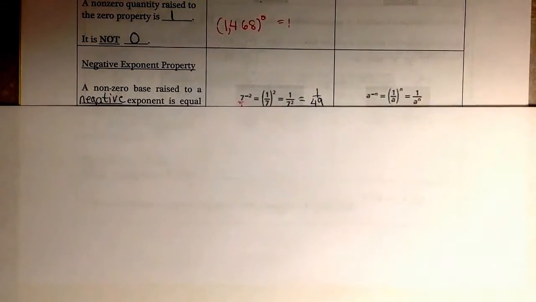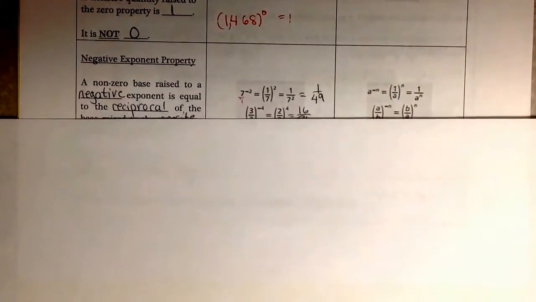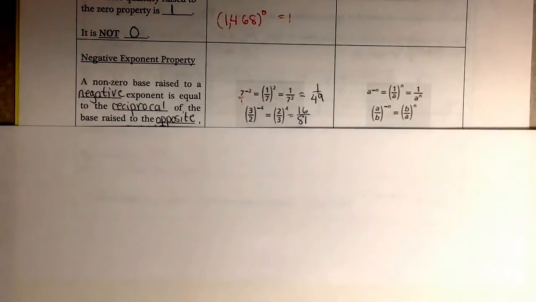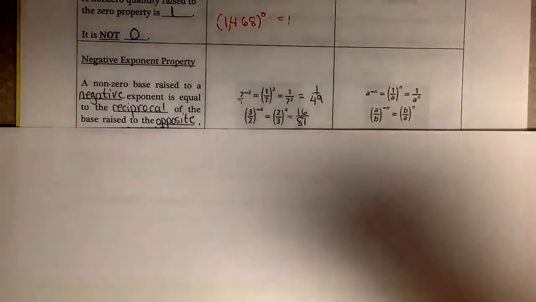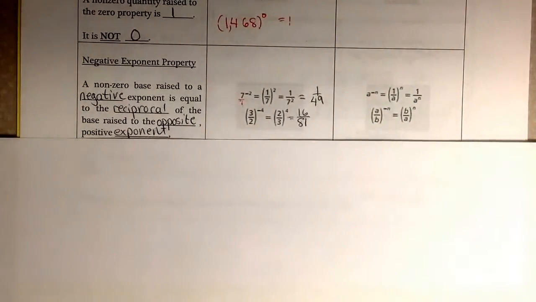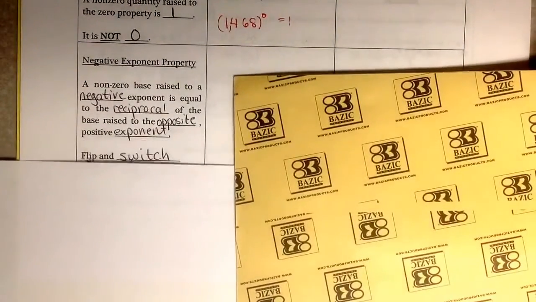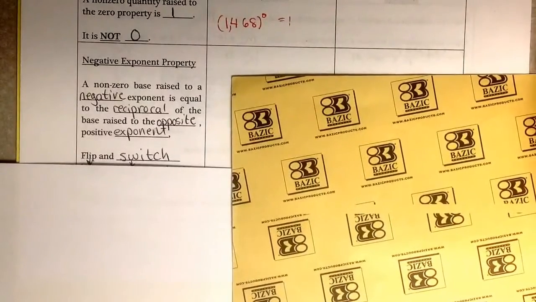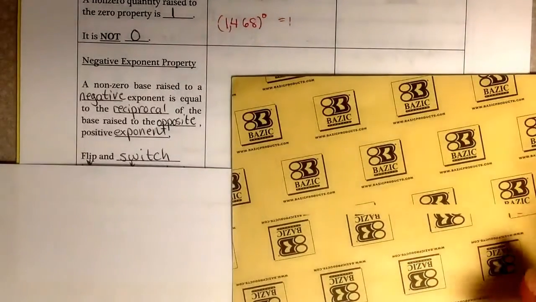Negative exponent property. A non-zero base raised to a negative exponent is equal to the reciprocal of the base raised to the opposite positive exponent. Okay, so what happens when we have a negative exponent, I call it a flip and switch.